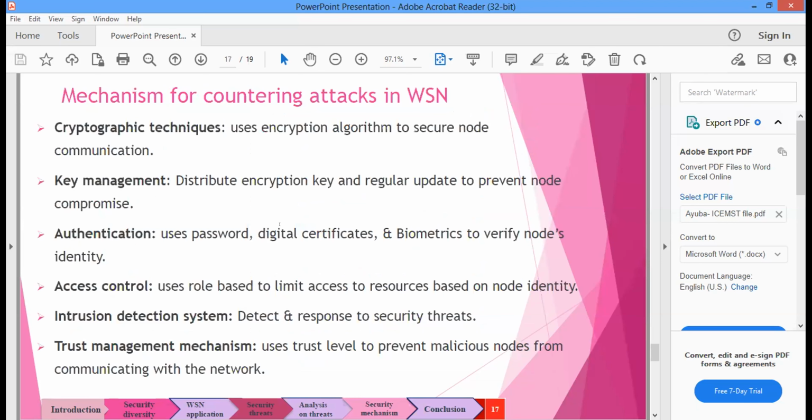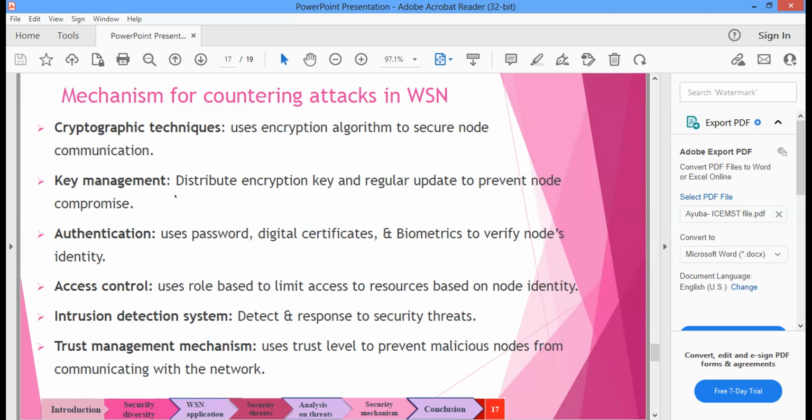There are also different mechanisms that can be used to counter such attacks on the wireless sensor network. One of the mechanisms is cryptographic techniques. Cryptographic techniques are used to encrypt the algorithm in order to secure the node communication.